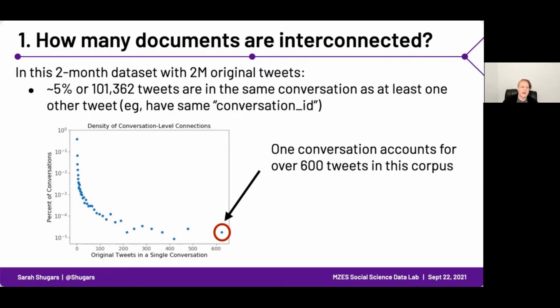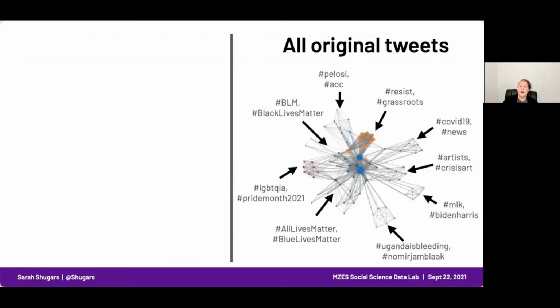To get a sense of how that conversational interconnection might influence our results or our interpretation of those results, we can look at the original hashtag co-occurrence network. Here's an example of the network with some of the key communities discussed, and we'll talk about this in code in just a few minutes.